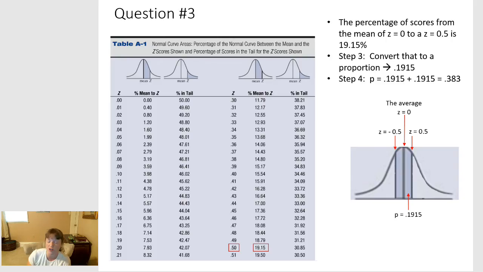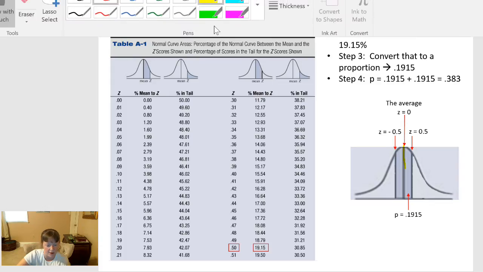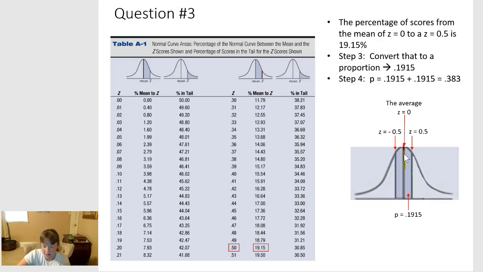So there is a proportion of 0.1915 of the folks between the average of 0 and the z-score of positive 0.5, right? So from here, and here I've drawn a little picture for you. Here's the average. Let me use a darker highlighter. Here is the average of 0.